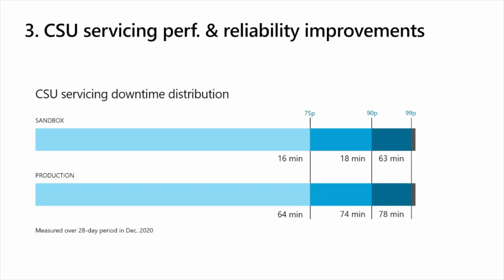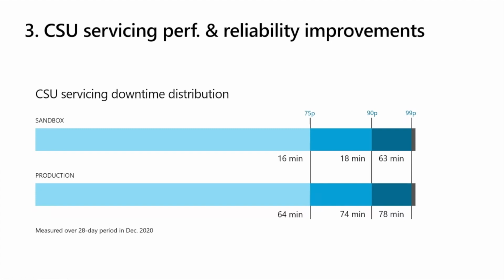That's another improvement you'll notice: your updates and deployments are much more likely to be successful than before. Our reliability has significantly improved. With those 2 changes, and the improvements we're going to be rolling out to production environments, you're going to see considerable improvement to the lifecycle experience of CSU deployment and servicing.